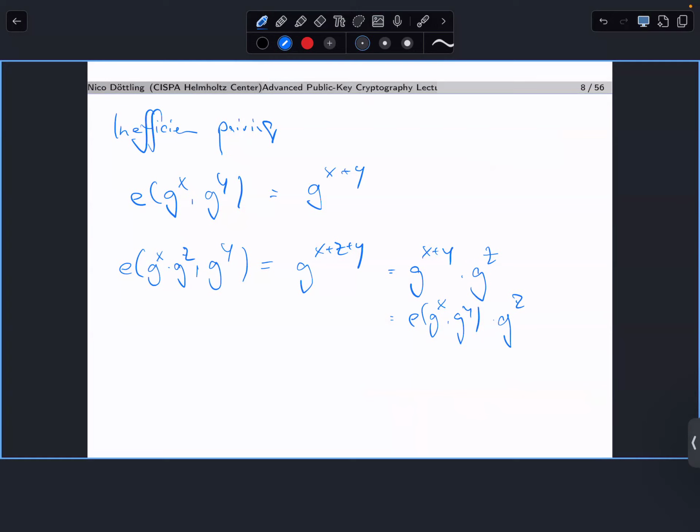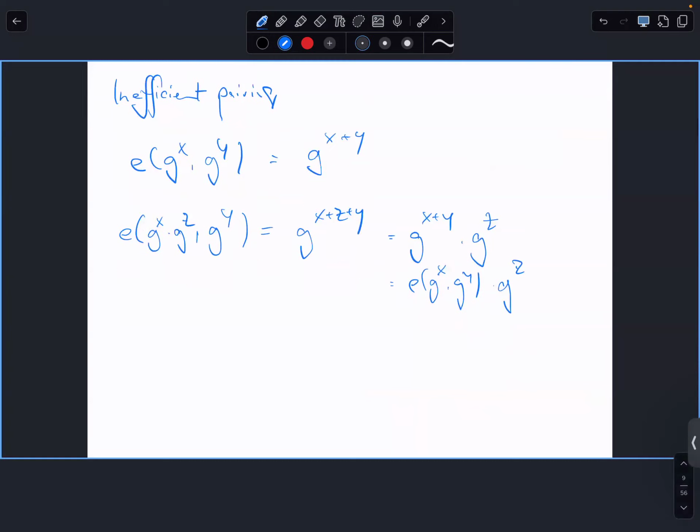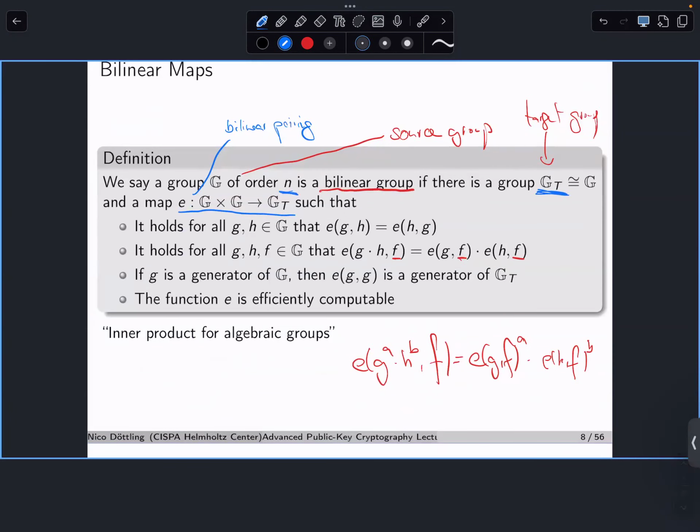So what is inefficient? In the end, with a bilinear pairing, we want to compute a product in the exponent, right? So if we go back here and use just both properties, e of g to the x, comma, g to the y, this should be e of g to the x times y.